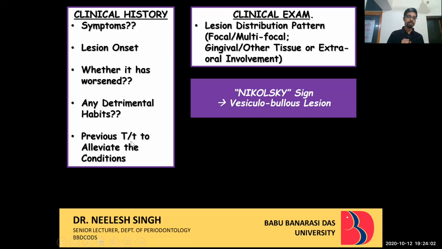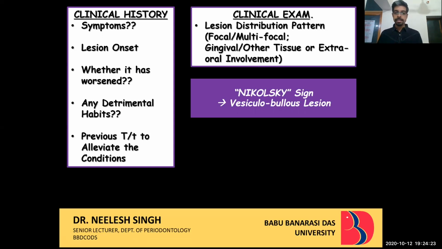These questions have to be asked to the patient. Then come on to the clinical examination. In the clinical examination, the lesion distribution pattern is the most important thing. Whether the lesion is focal or multifocal, whether it is involving gingiva only, or other tissues of the oral cavity, or extraoral involvement is also there.